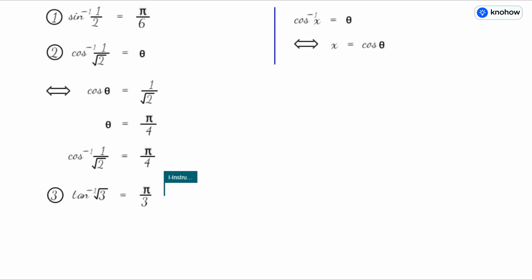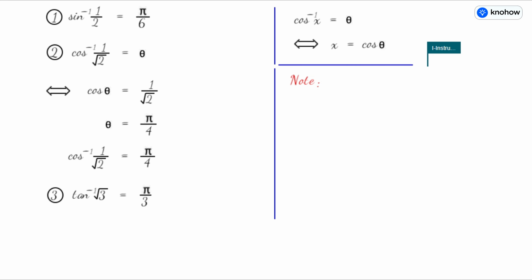Now please make a note that sine inverse x has nothing to do with sine x to the power minus 1. It is not an exponent sign. Otherwise, in general, if I write x to the power negative 1, that means 1 by x.